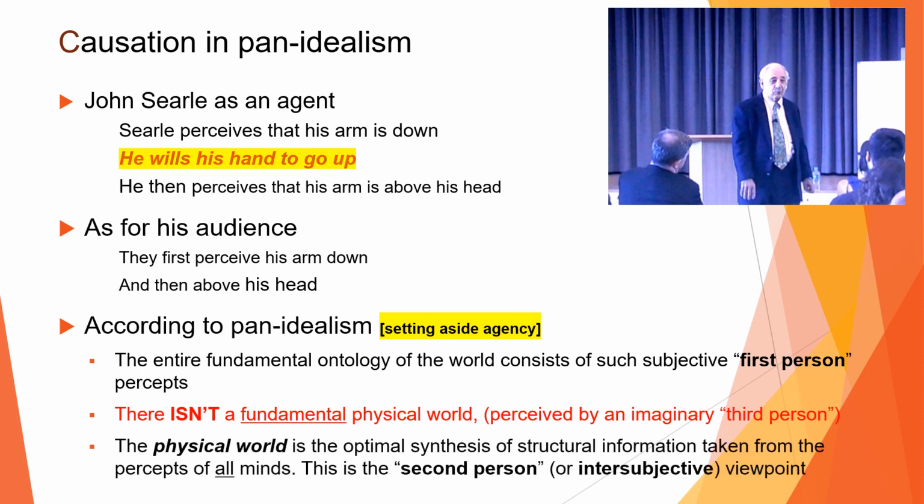Instead, in Pan-Idealism, the physical world is, by definition, the optimal synthesis of structural information taken from the percepts of all minds. This is the second-person viewpoint. In everyday speech, this is also commonly known as the intersubjective viewpoint.